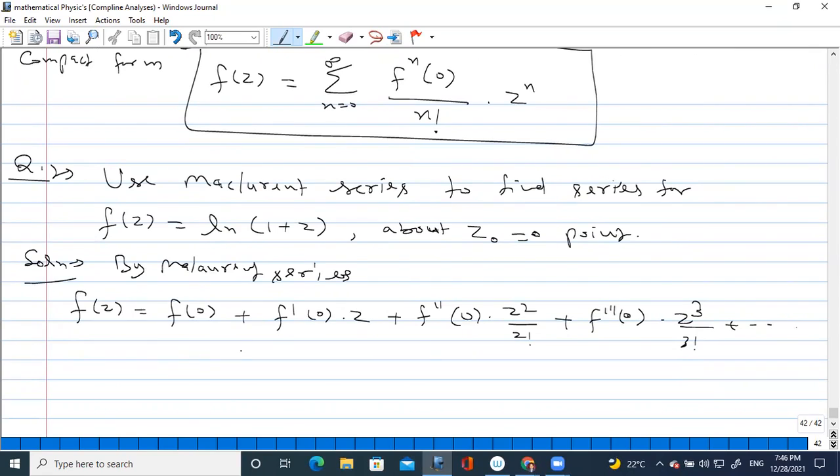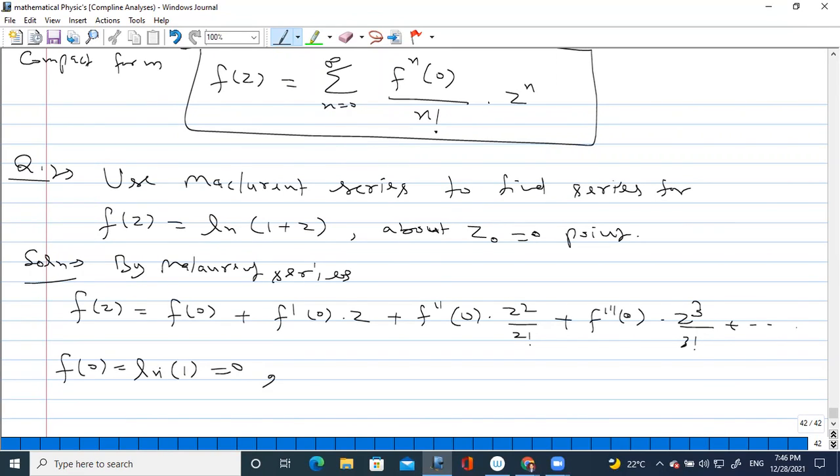Okay, like this. So what is my need here? First I want to find f(0). Directly f(z) is given. So f(0) will be how much? ln 1. And what is the value of ln 1?